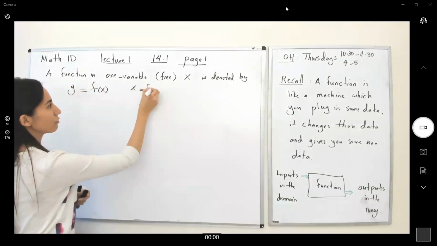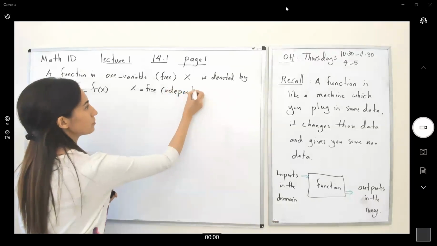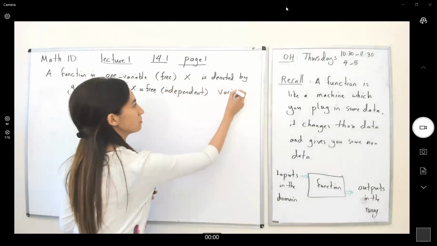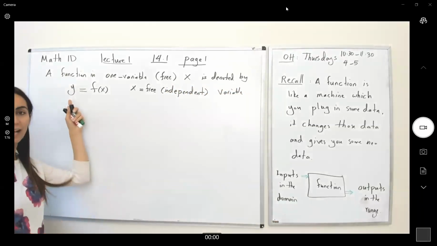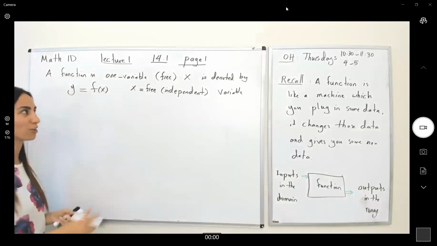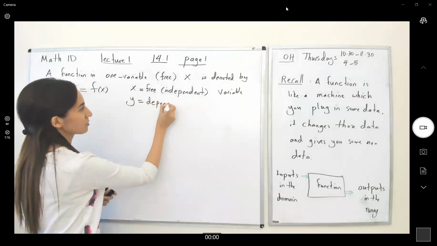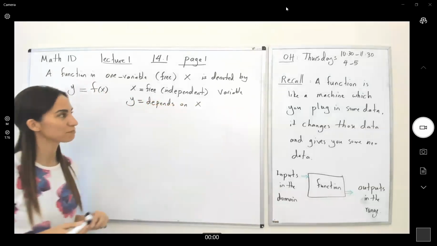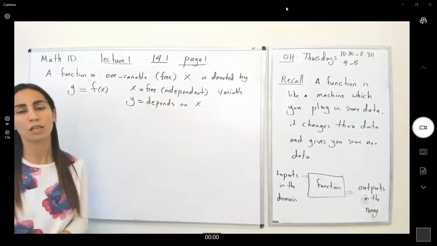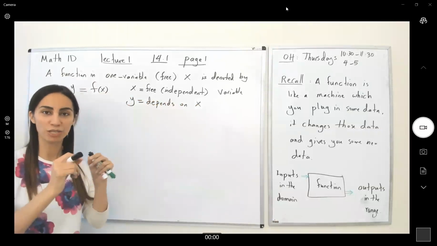X is your free or independent variable, and y as the second variable depends on your x. Okay, you all know that for a function y equals f of x, you have a domain which is a subset of the real line.